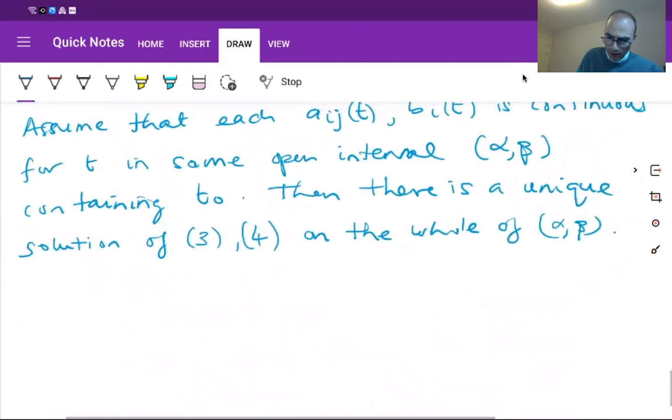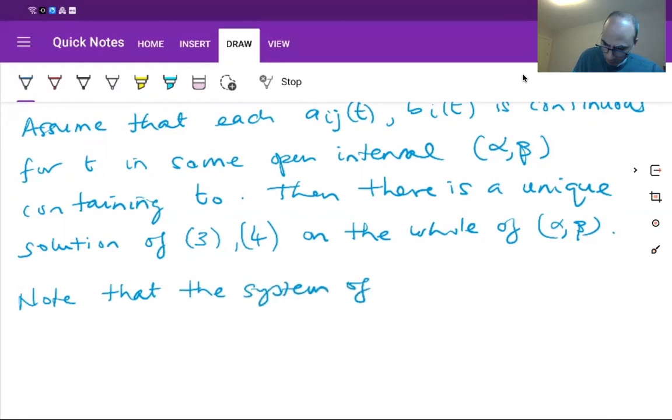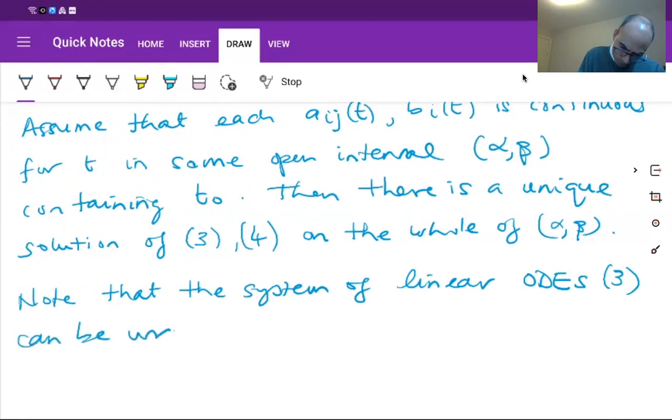Let's note that the system of linear ODEs 3 can be written briefly.